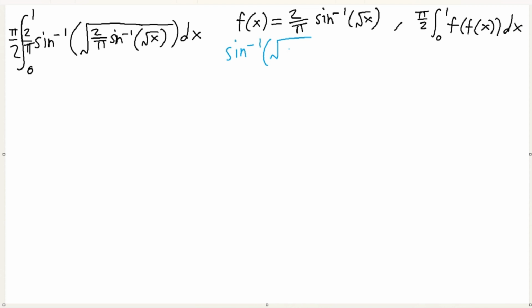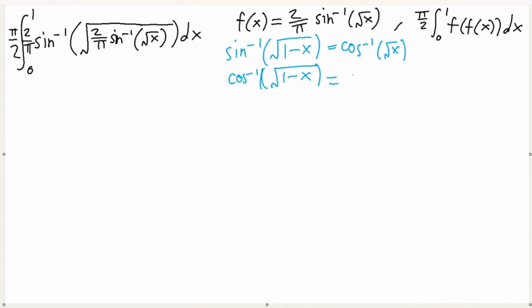So whenever you have inverse sine of 1 minus x, this is equal to inverse cosine of x. And then same thing kind of goes for the other side as well.